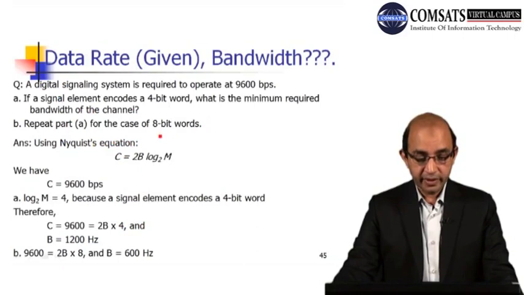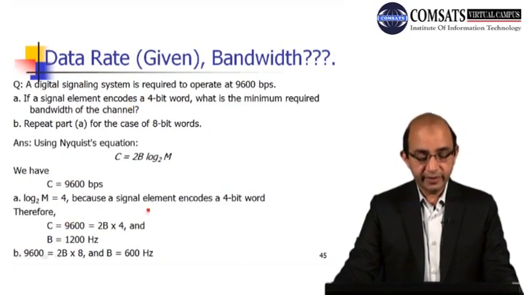So we are given C, the channel capacity, 9600 bits per second, that is the data rate, not the bandwidth. Bandwidth we have to find. So M is 4 in the first case, the 4-bit word.